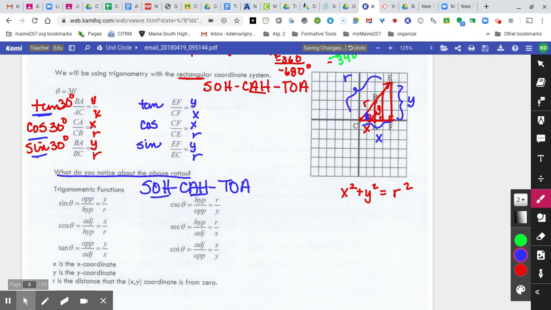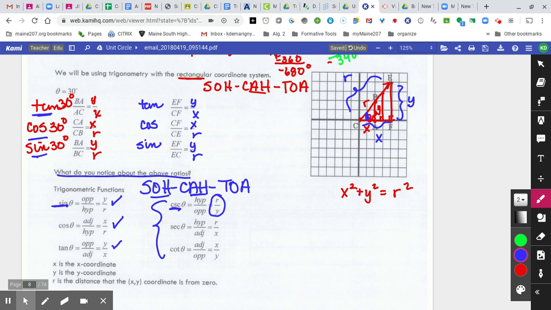Now, don't forget, we also have their inverses as well. The inverse of a sine is a cosecant. It's really simple: you take the reciprocal of the ratio. Instead of a sine, I now have a cosecant, and I take the reciprocal of y over r, which is hypotenuse over opposite.